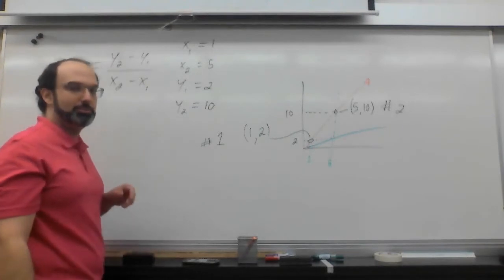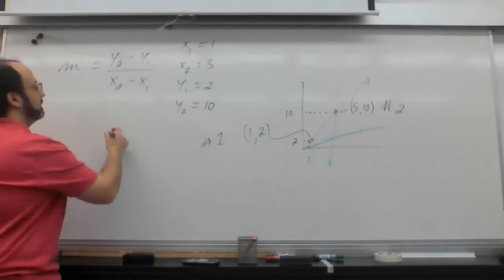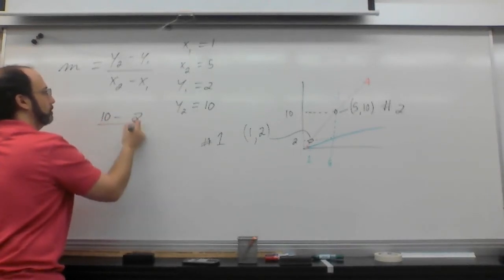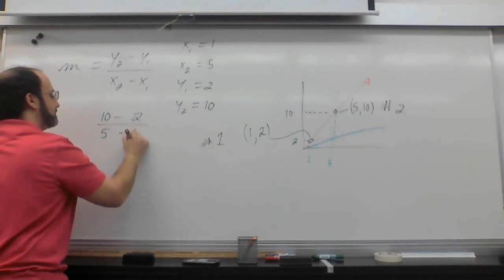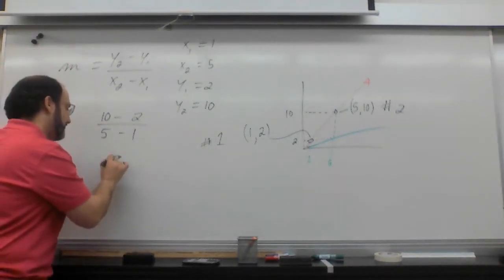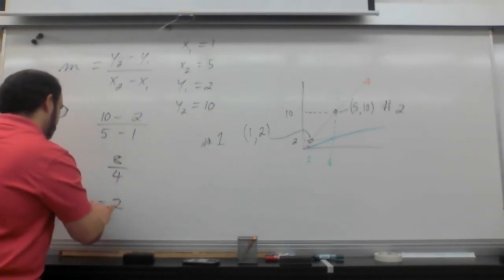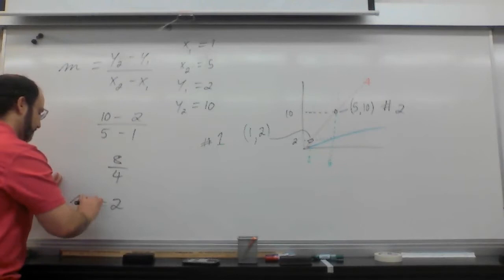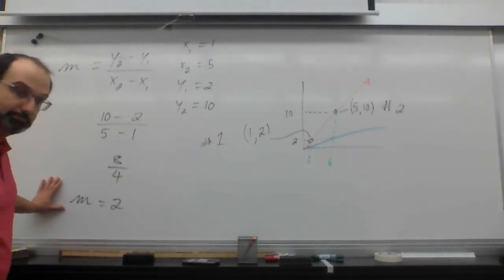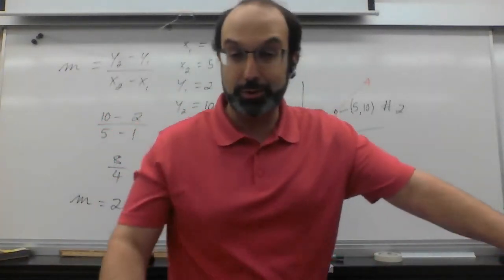Now that I've collected my information, I can now fill it into my equation. So 10 minus 2 over 5 minus 1. There we go. This becomes 8 over 4, which would be 2. So my slope is 2. There you go. So that's how you would do it, and that's how it works.